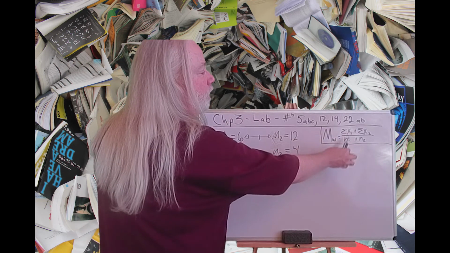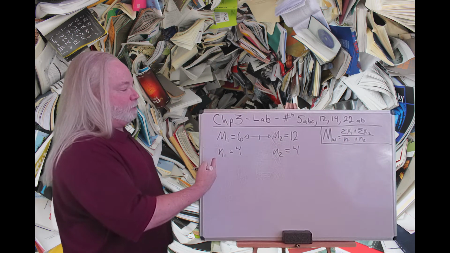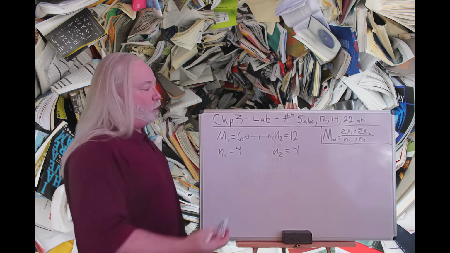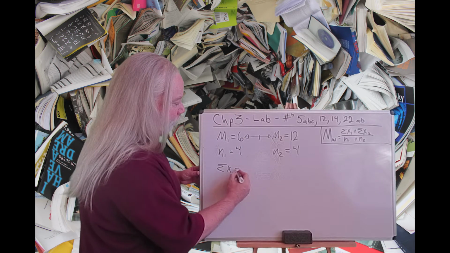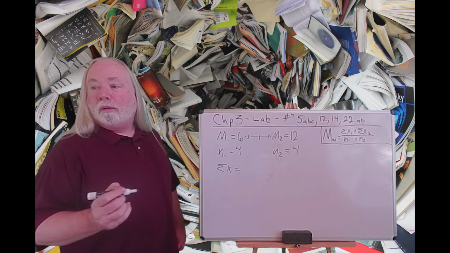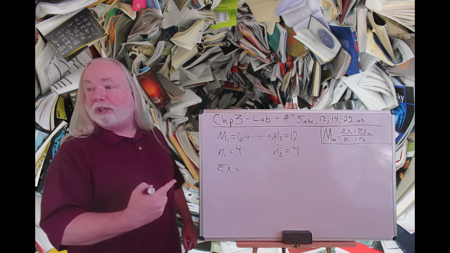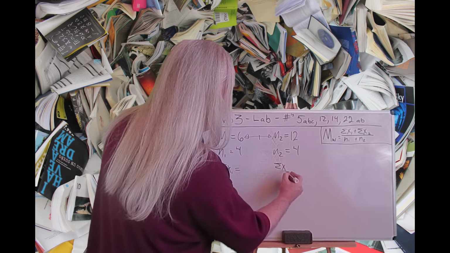Well, we know for the formula we have to get the summation of the raw scores, which isn't given. We know how to figure that out. We know that if we multiply these two values together, we'll get it. So multiplying our 6 times 4 here and multiplying our 12 times 4 over here.